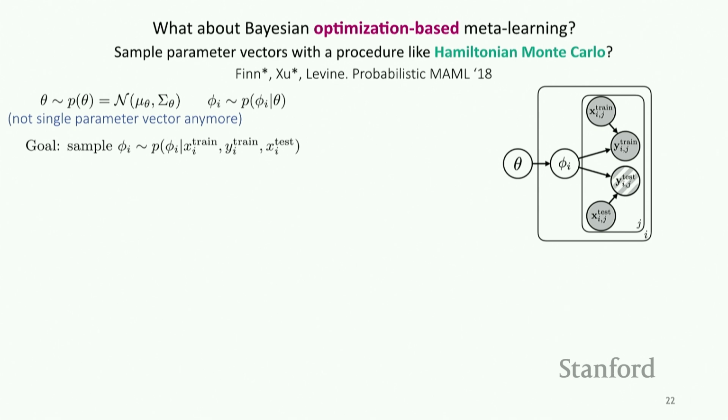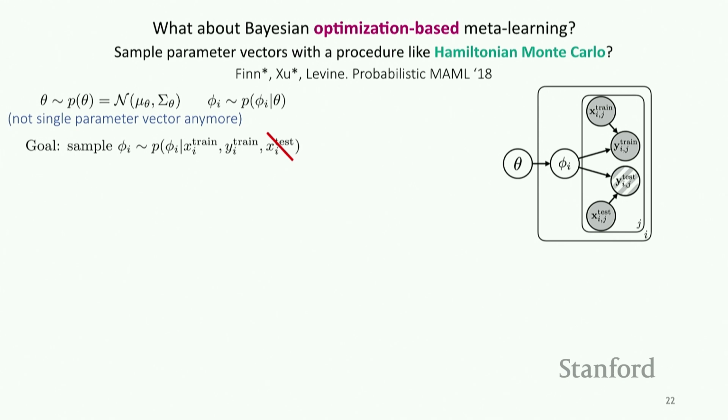One thing to note here first is that we can actually cross out this term, because xtest is independent of phi when you're not given ytest. And so we can ignore this term and just try to sample from the distribution of phi given xtrain and ytrain.